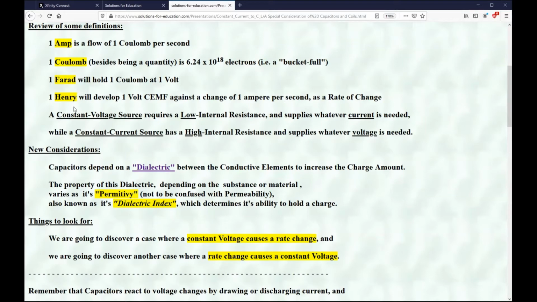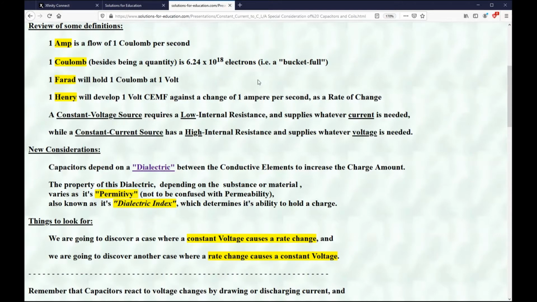Well, you measure, usually with an oscilloscope, the counter EMF developed across the coil. And here's the key: a change of 1 ampere per second as a rate of change. We're going to be repeating this business about rate of change multiple times tonight because that is a key factor.